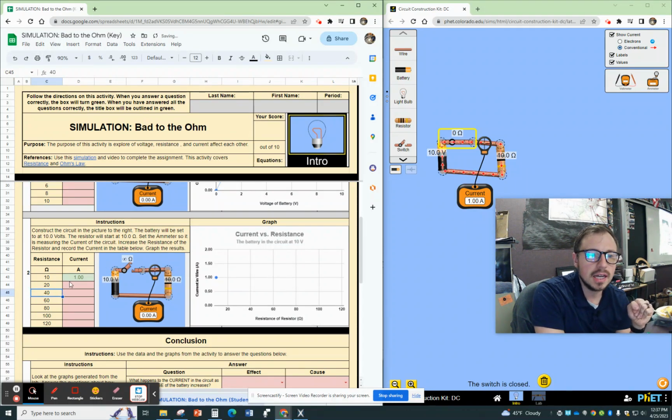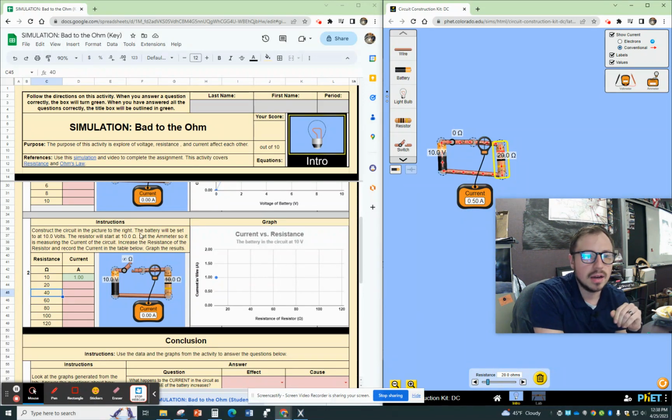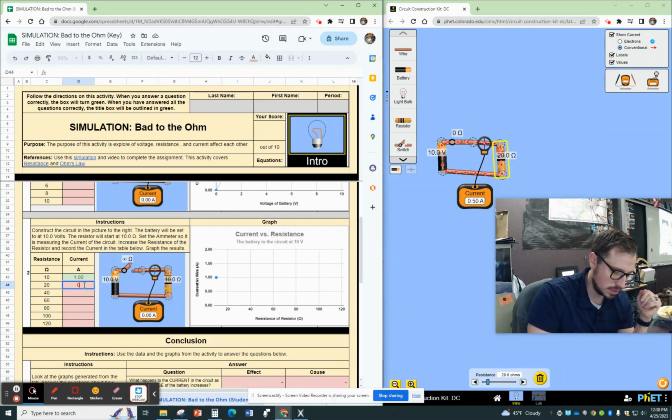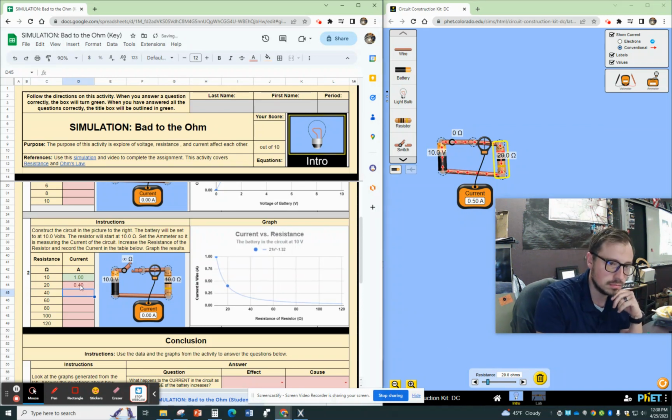Perfect. For the next one, I'm going to increase the resistance up to 20 ohms. Now it's at 0.5 amps. Perfect, and you can see a graph is going to start to form.